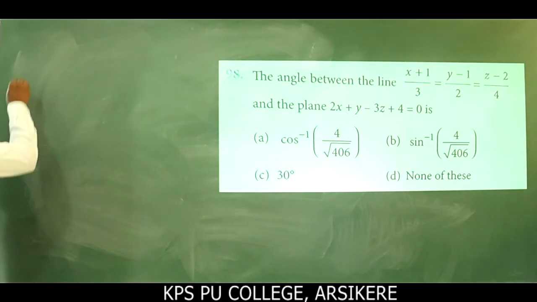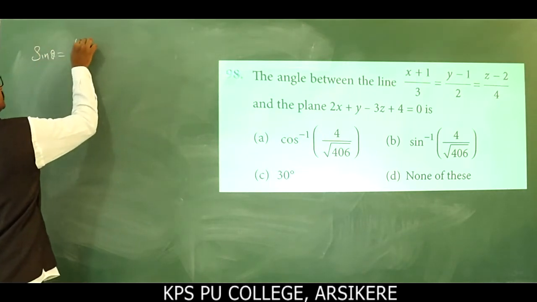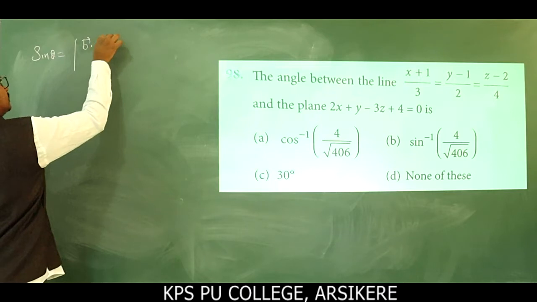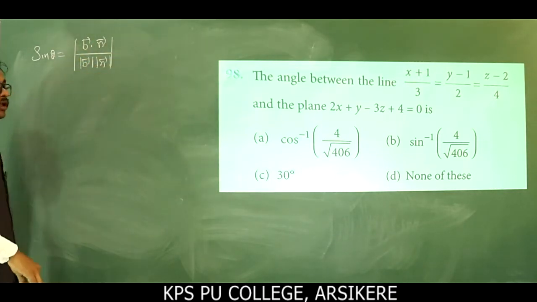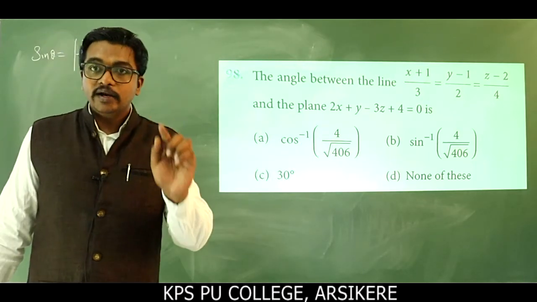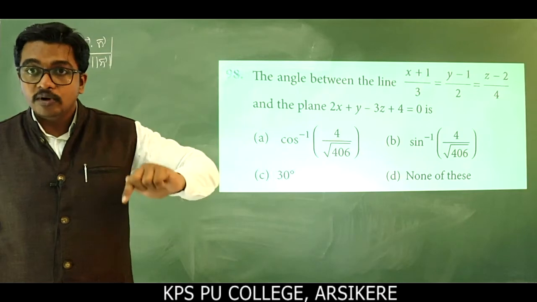Remember the formula: sin theta is equal to the modulus of vector b dot vector n, divided by magnitude of vector b into magnitude of vector n, where b is the vector parallel to the line and n is the vector normal to the plane.